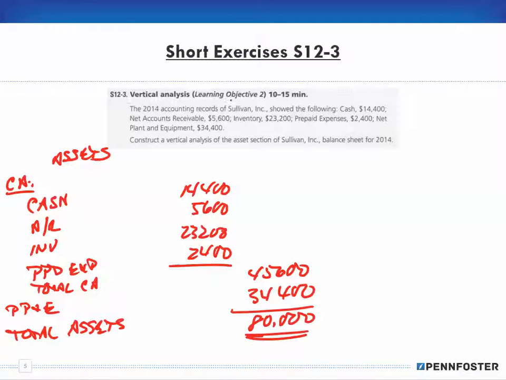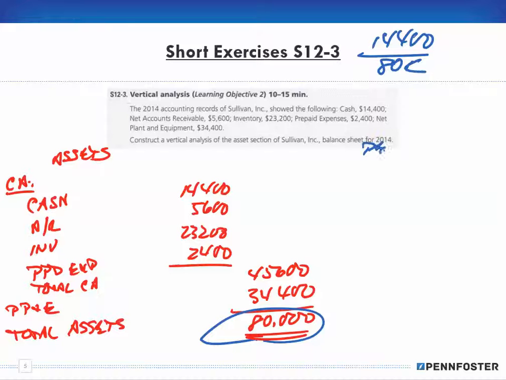Okay, so now we're doing a vertical analysis, and we're using the total assets here as the basis for the percentages. So what I'm doing is I'm going to take the 14,400 for my cash and divide it by 80,000. Okay, and that gives me the percentage, right?